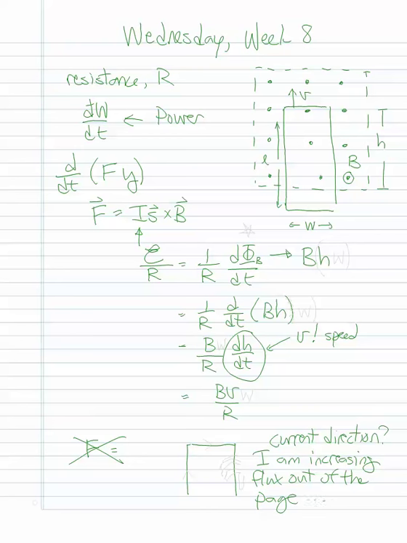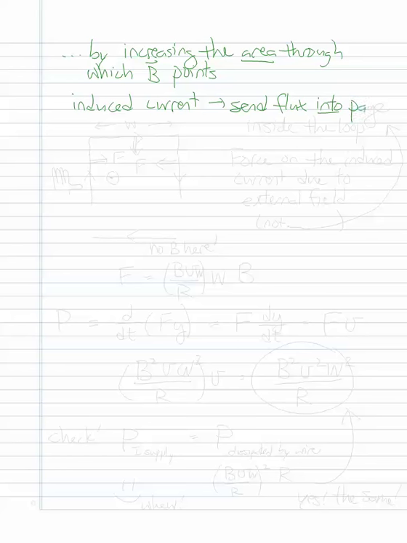And how I'm doing that? I'm doing that by increasing the area through which the B field points. So what my induced current is going to do will send flux into the page.